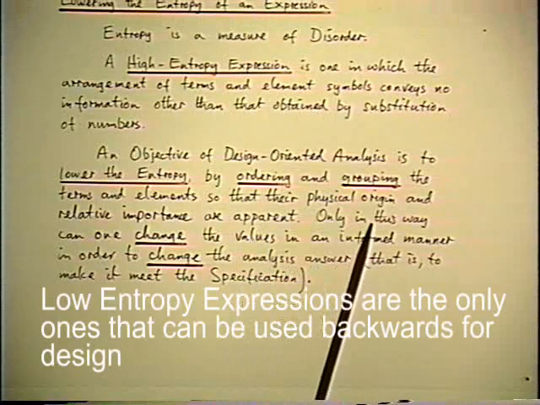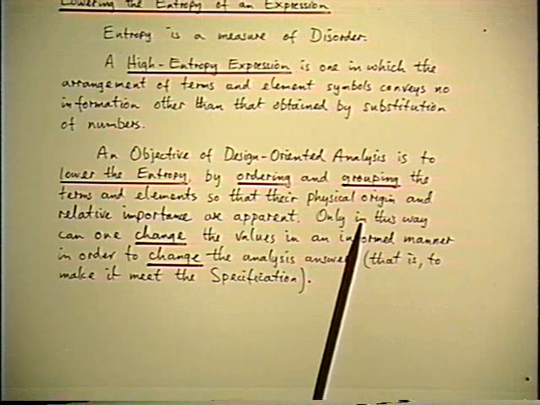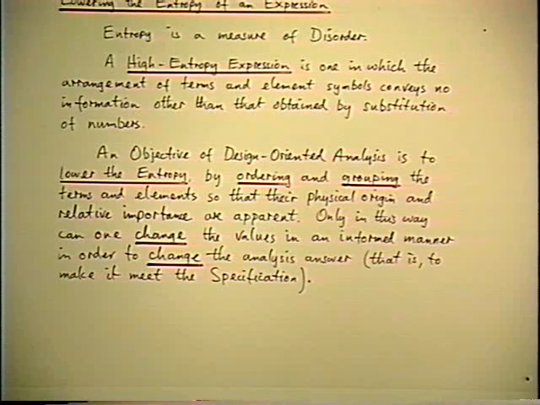Because only in that way can you use that result backwards, which is if you need to change some element values, then you need to know which ones are more important in affecting the answer and which ones are less important. But if the order in which they showed up in the result was random, just the way it came out of the algebra, you get no guidance in doing that, except by cut and try.